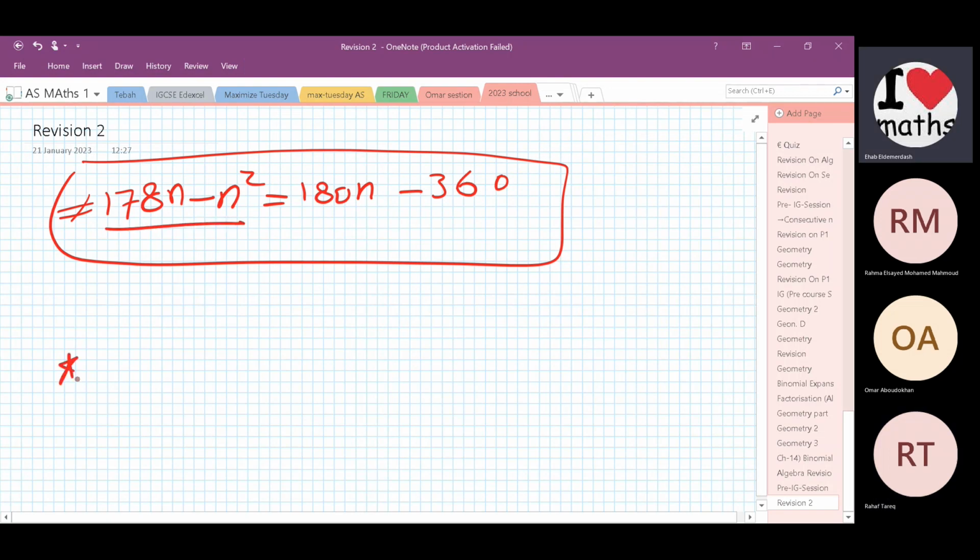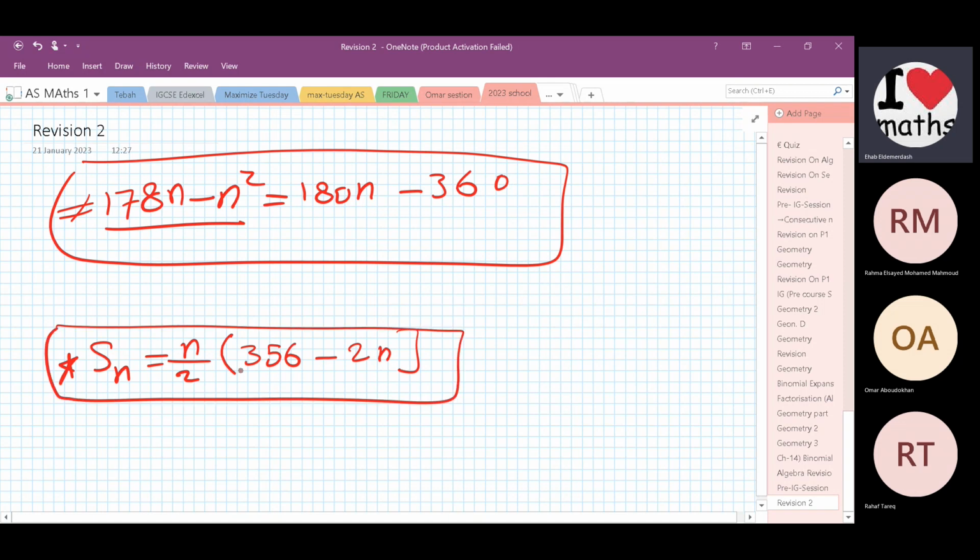Look again. It was my last part related to Sn. It was n over 2 into, I think, 356 minus 2n. This was my last part. So what happened?